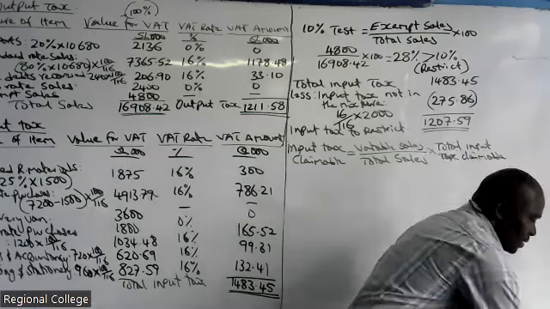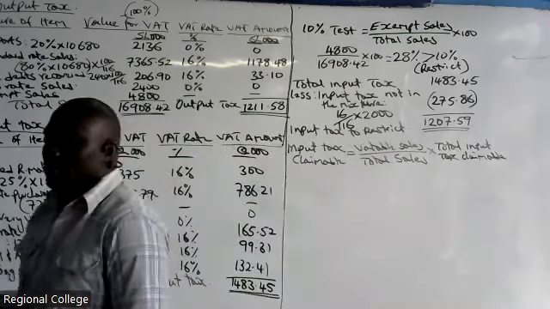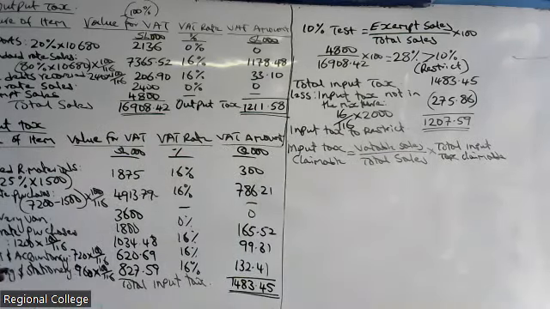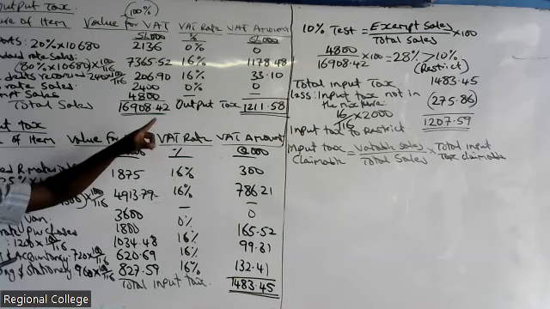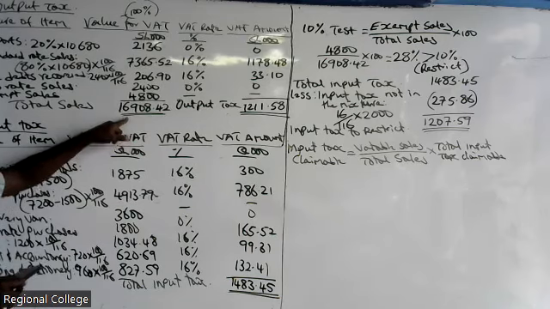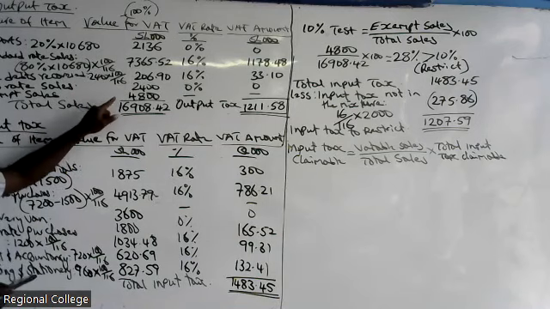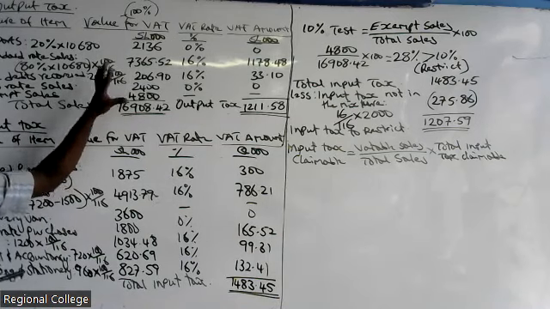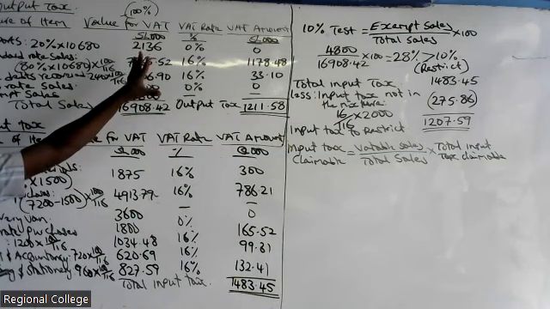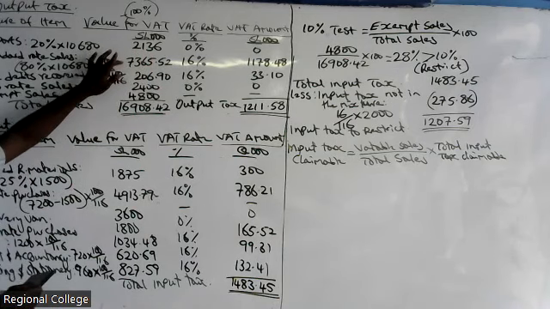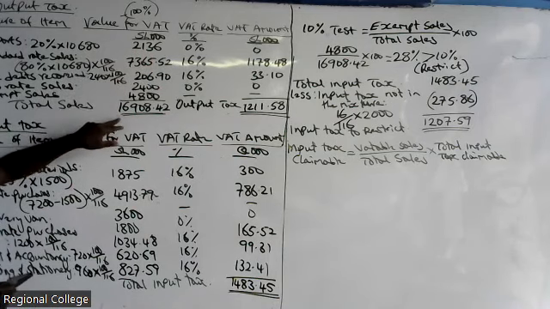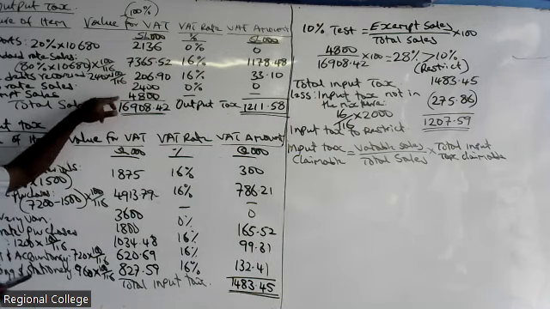So acha niwaulize, variable sales. Can I get my variable sales by taking this minus this? See total sales minus exempt. Sales number is variable. So badala ya kuanza kufanyia hesabu this plus this plus this plus this, they can take the whole total sales minus exempt.